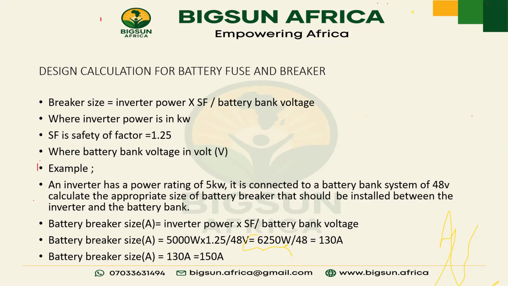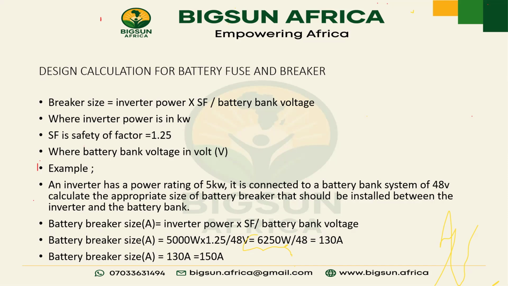Let's assume we are working with a 5 kilowatt inverter, 5 kVA, which is 5,000 watts. Times the safety factor, which is 1.25, all over the battery bank voltage.